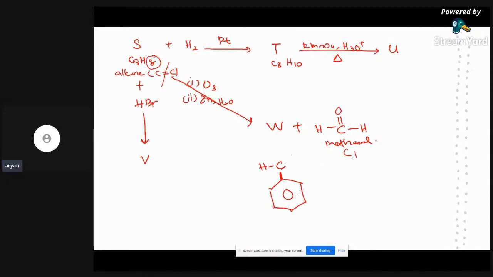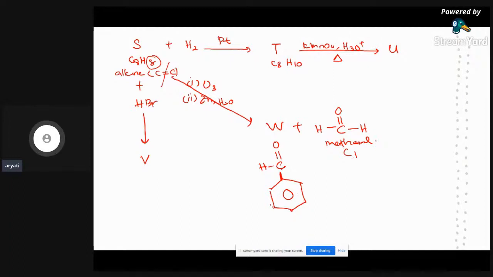Okay, ini ialah C7. Ni satu karbon. So maksudnya sini karbon dia mesti 7 sebab total dia 8. So 1, 2, 3, 4, 5, 6, 7. So kalau bila ada satu karbon tak mungkin jadi keton. So dia akan jadi aldehyde. So C double bond OH aldehyde. So this is the structure for W.